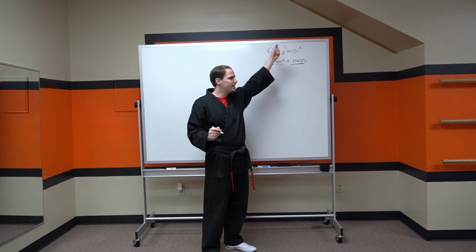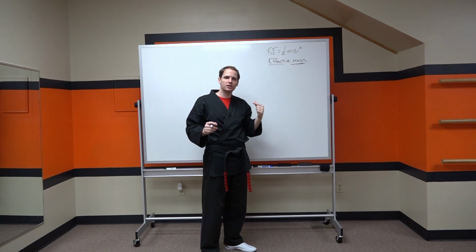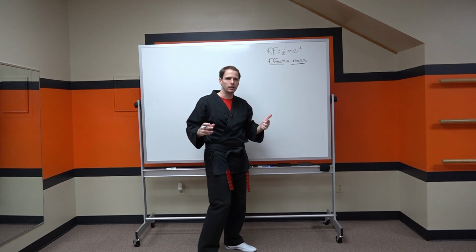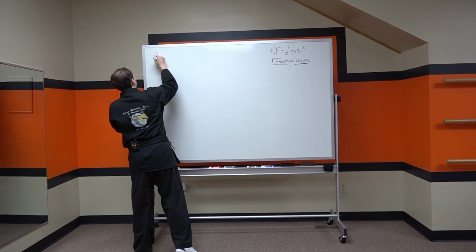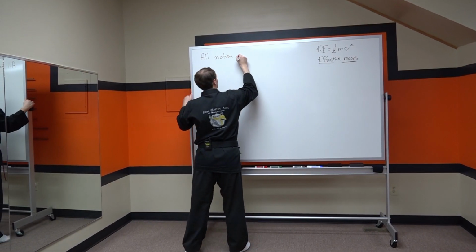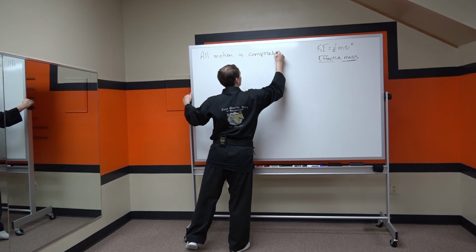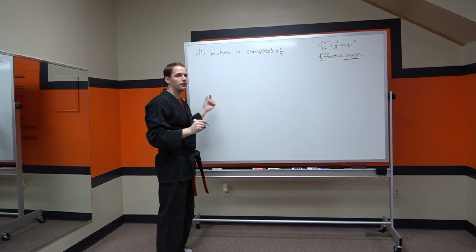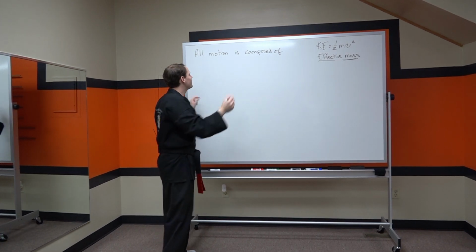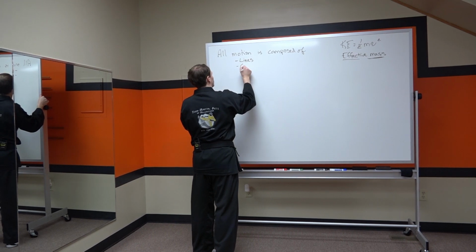And so we should begin our discussion tonight with a brief analysis of motion. All motion, you're already familiar with this, is composed of two parts. And those two parts are lines and circles.